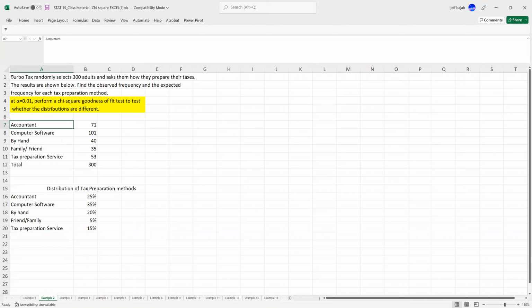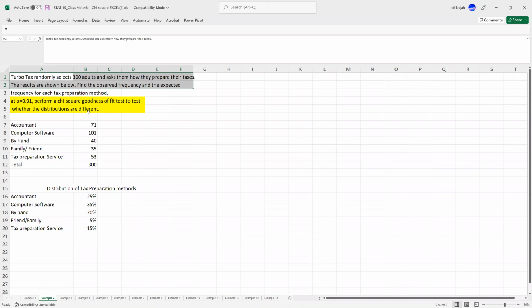It now says, at your level of significance of 1%, you're told to perform a chi-square goodness of fit test to test whether the distributions are different. So we are going to try to see if our distributions are different, and this means our observed as well as our expected.